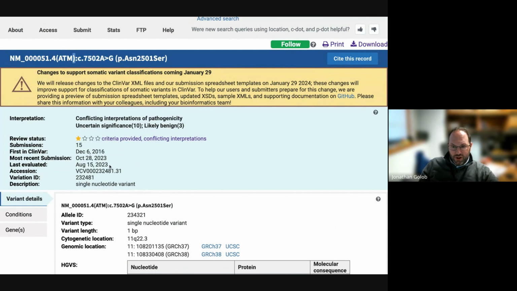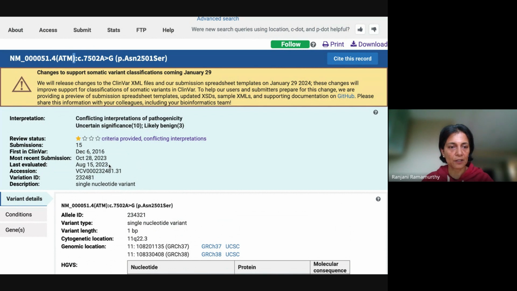Sorry to interrupt you, Jonathan, but again, this is a result we are taking from an actual patient's genetic test report. This patient had a genetic test for breast cancer, and they received this report that said they had a mutation in the ATM gene, and we're feeding that into the same website, correct?